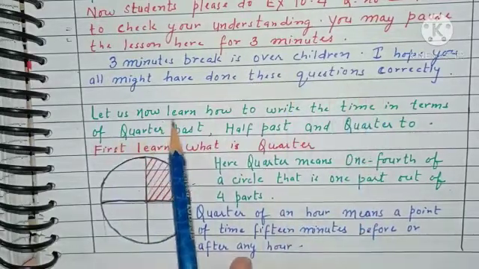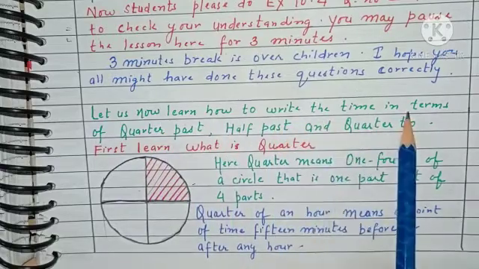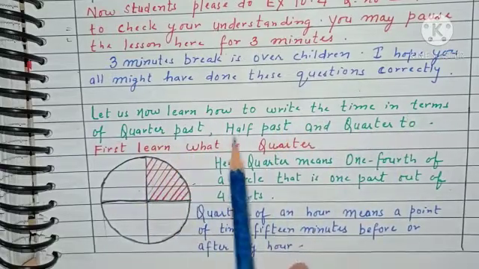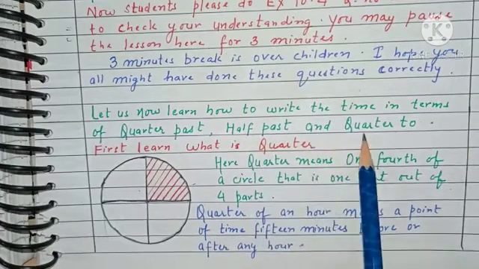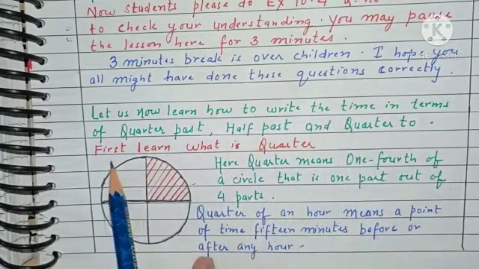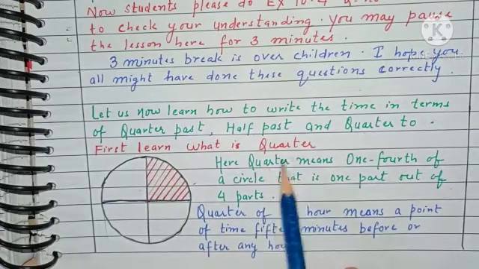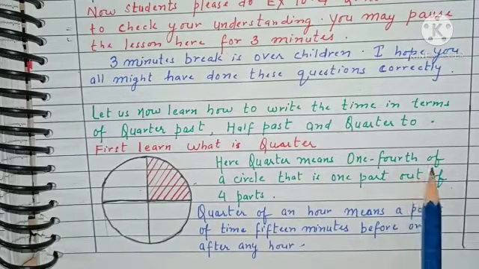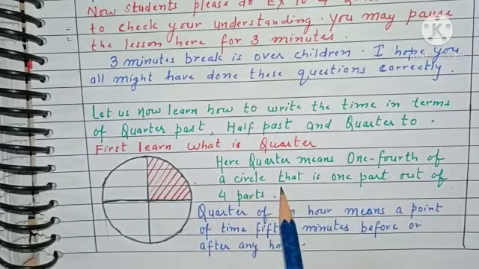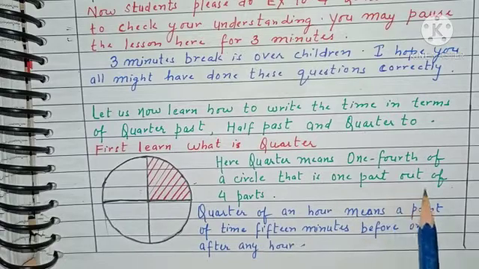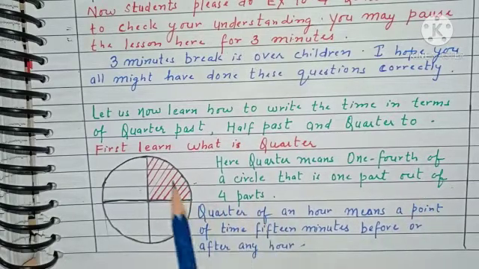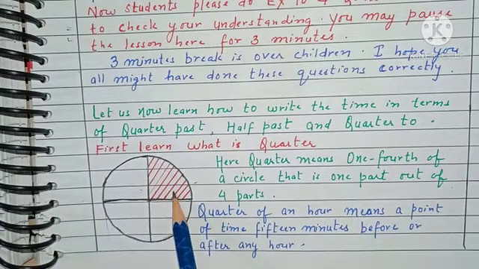Let us now learn how to write the time in terms of quarter past, half past, and quarter to. First of all, see what is quarter. Students, quarter means 1/4 of a circle. That is one part out of 4 parts. As you can see, this one part of the complete circle is known as a quarter.